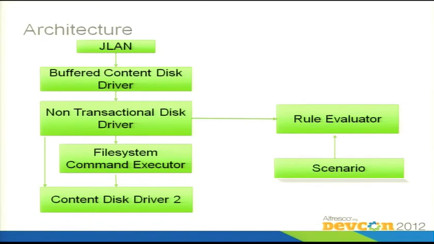The first class that's worth looking at and debugging is called the buffered content disk driver. As its name implies, it has some fairly light buffering, just to stop you having to get the same content over and over again.